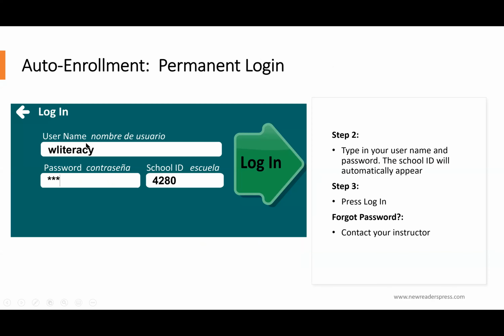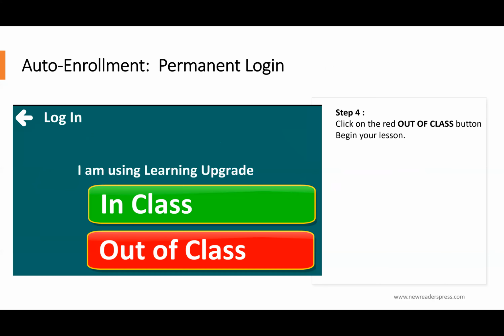This is the same whether you're doing it via the web or you're doing it on your phone. So you're going to put your user name in here. There's typically an alphanumeric password that's only three characters long, and then they're going to put in their school ID. If they forgot their password, we ask that they contact their instructor to get that information.